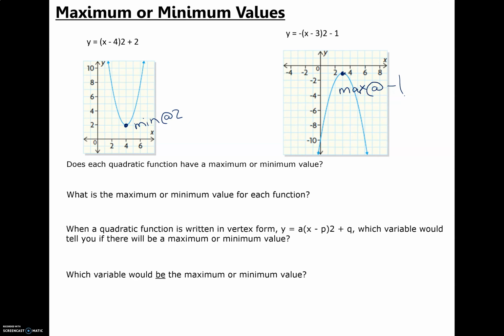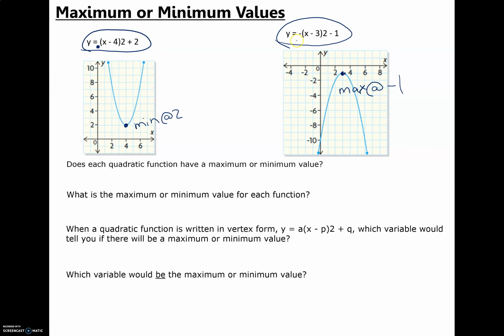So when a quadratic function is written in the following form, that vertex form, which variable would tell you if there was a max or min value? Let's go back to our example. Here's the equation, and I have a min. Here's the equation for the second quadratic function, and I have a maximum. The variable that's going to tell you if you have a minimum or a maximum is the A value.